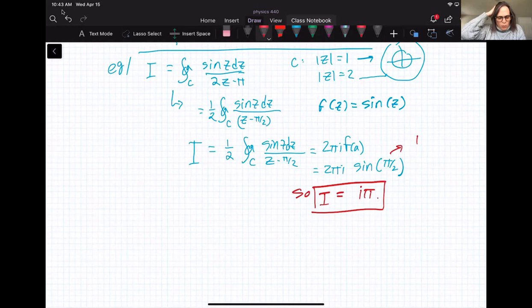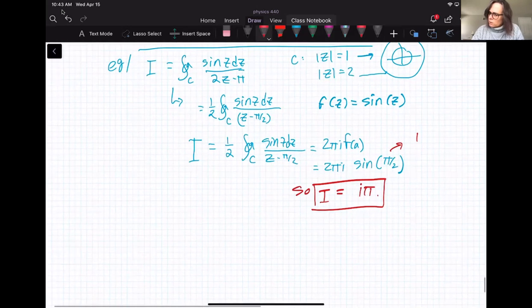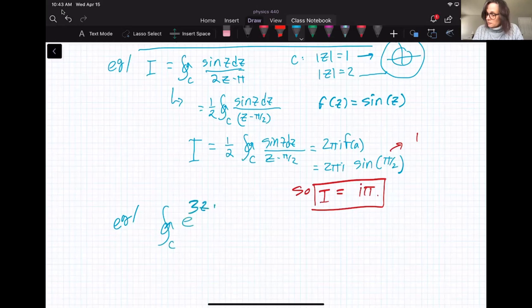We don't have to use a circle. There's another example, actually a couple of examples in your book where you can use a square contour. So for example, we can look at the contour integral of e to the 3z dz over z minus ln 2.